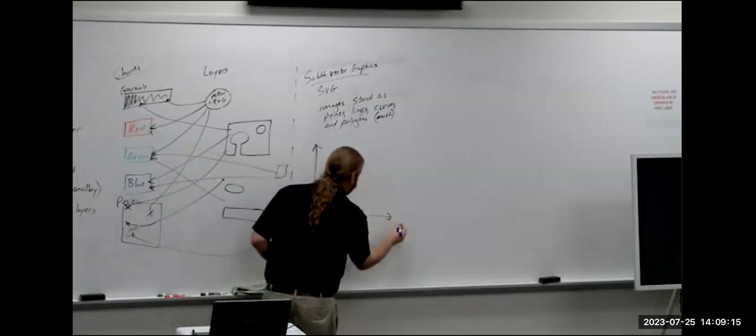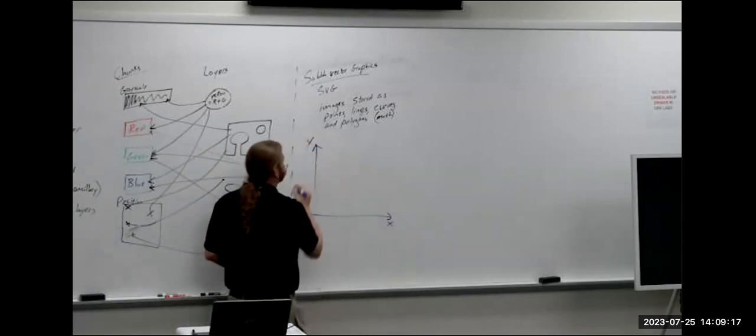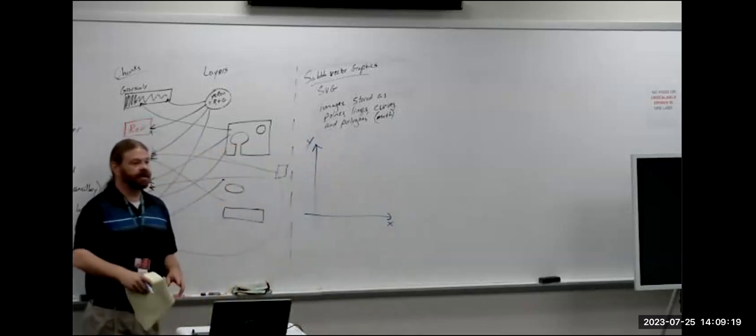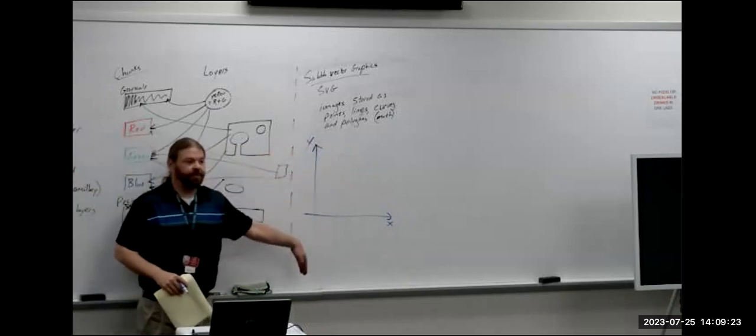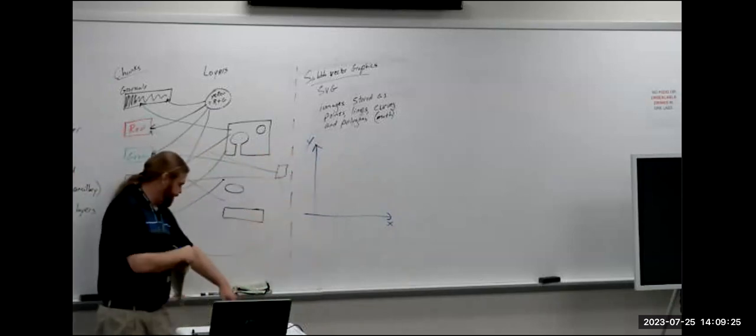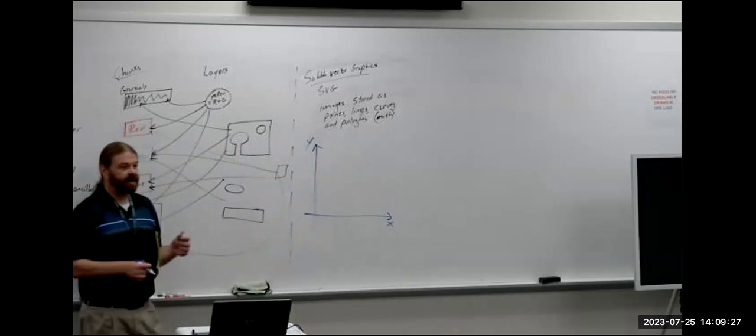Like in math class, we have our X and Y axis. On our screen, positive Y is down. I heard two different descriptions and both of them make sense as to why.